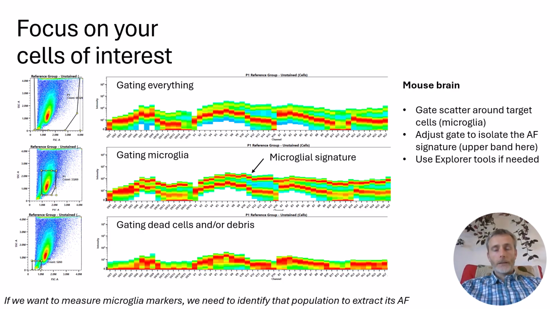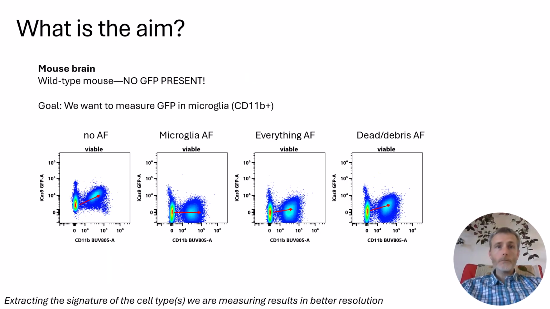If we do instead gating on, say, everything, or a different population that is not microglia, we won't be focusing our extraction on the microglial population and we'll extract a different signature. Extracting this microglial population for our AF signature is going to align our CD11b positive cells, the microglial population, with the negative for the GFP channel.